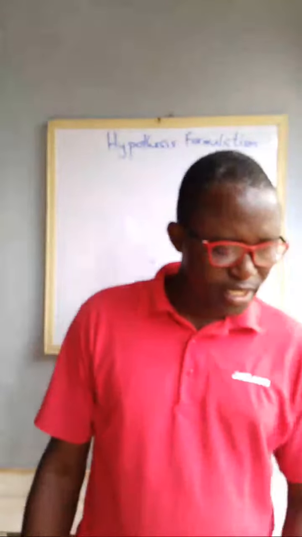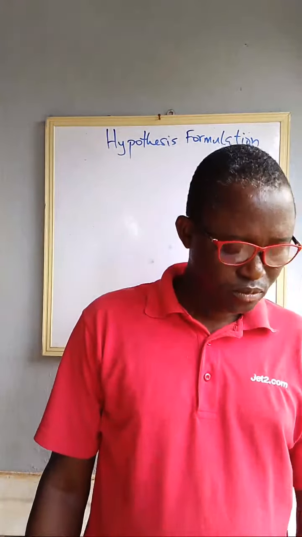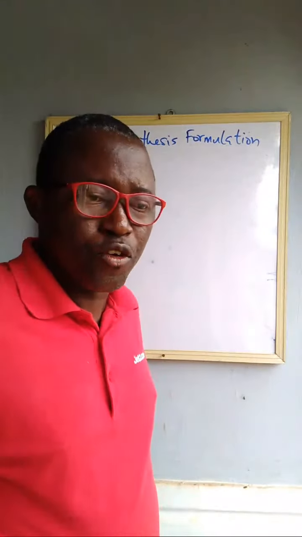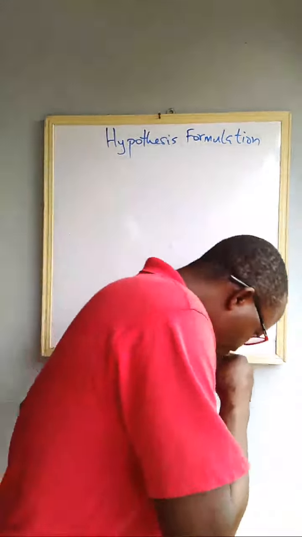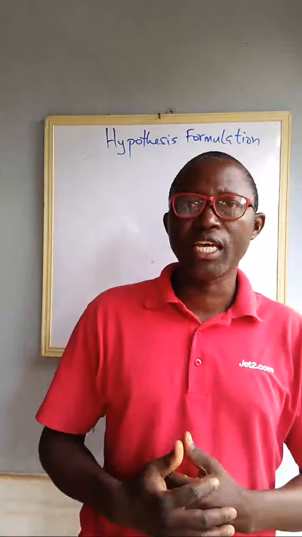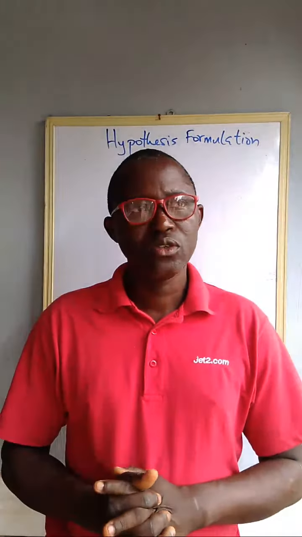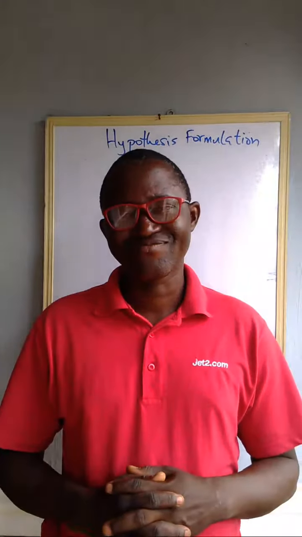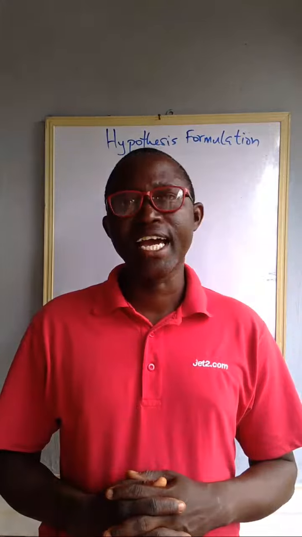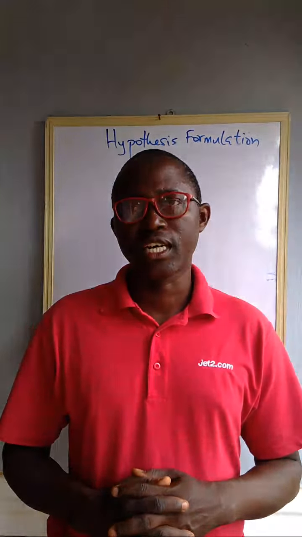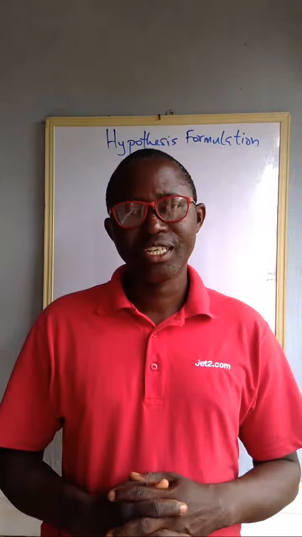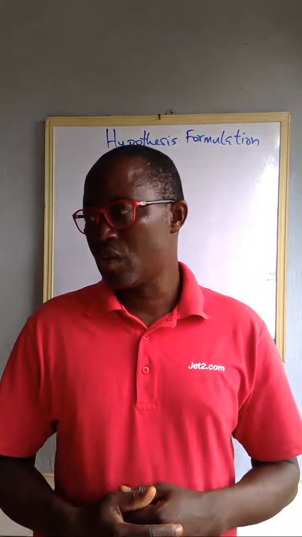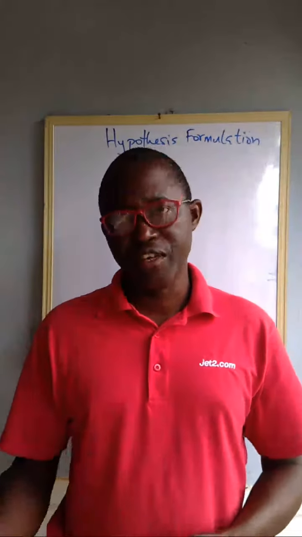The first aspect is the hypothesis formulation. We want to remember that in research, we need to formulate hypotheses. First of all, we want to know what actually is a hypothesis. A hypothesis is a kind of conjecture, an informed guess about a particular variable, how it's being affected by another variable.